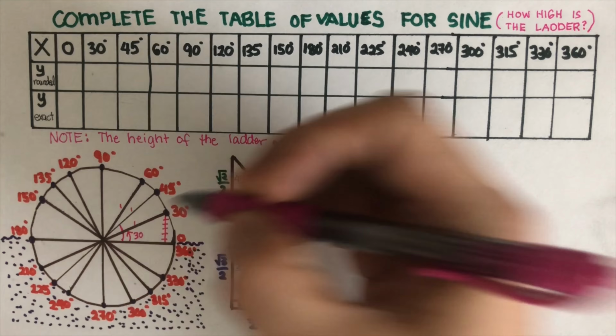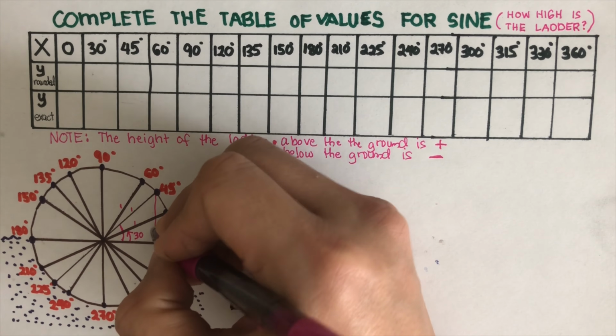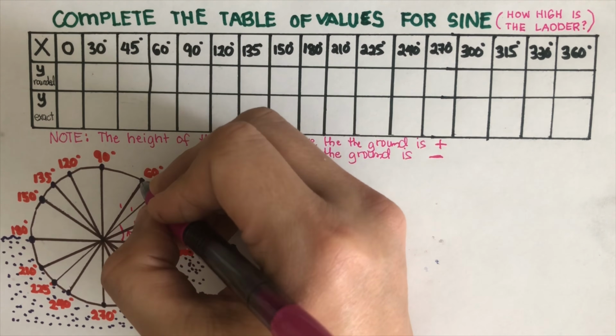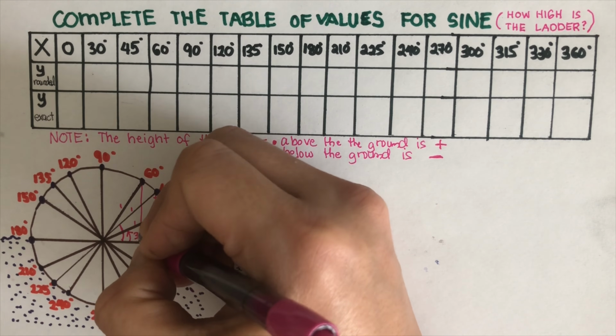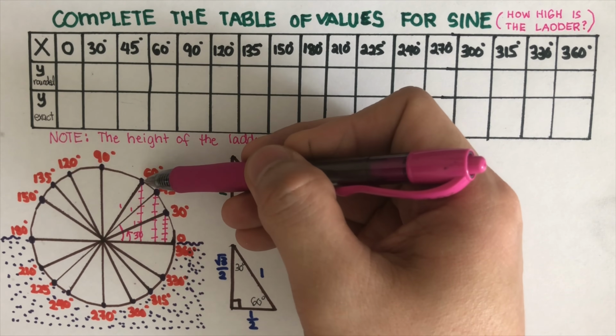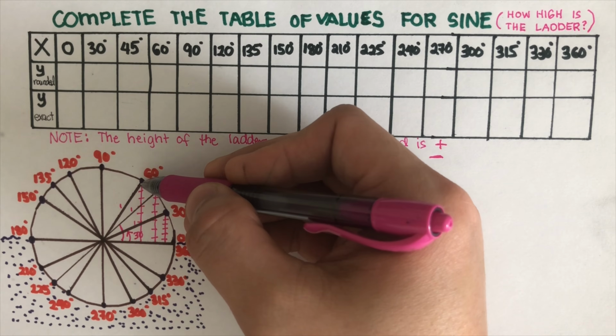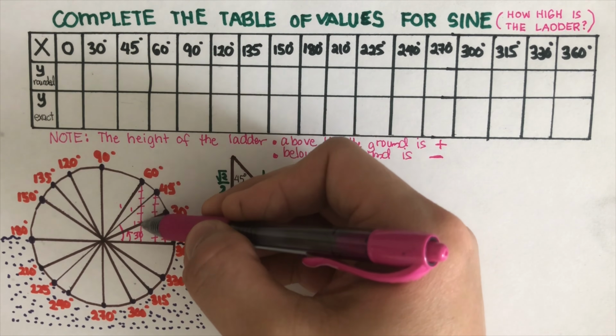That's the exit ladder for 30, that's the exit ladder for 45, and this is the exit ladder for 60. So the people seated here at 30, 45 or 60 need to go down to exit.